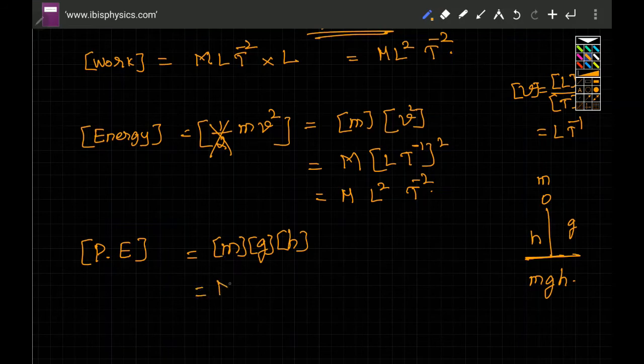Mass is M. Gravity means gravitational acceleration, and we know that the dimensions of acceleration is L T power minus 2. If you have not seen it, just go back and watch that video. Height is a measure of length. So then M L square T power minus 2.